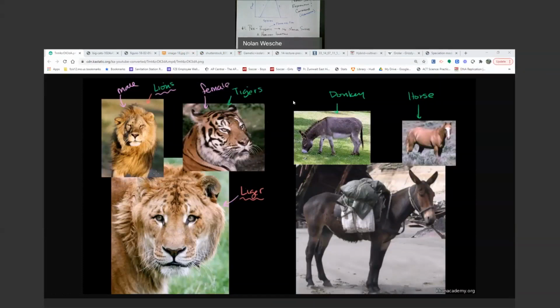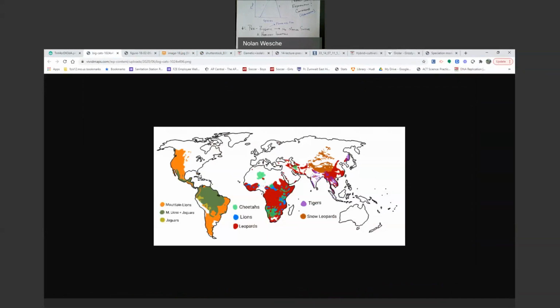But because there's no habitat overlap, if we look at habitat range, we really don't have any habitat overlap between lions that are pictured here in blue and tigers that would be here in purple. There's just no overlap of the habitat, right? The Africa and Asian continent here, we just don't have any overlap between the two. So although they can hybridize, they're not going to because again, there's this habitat isolation. They're separated by just too vast a distance.